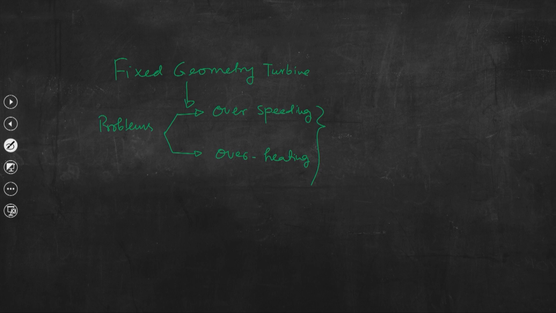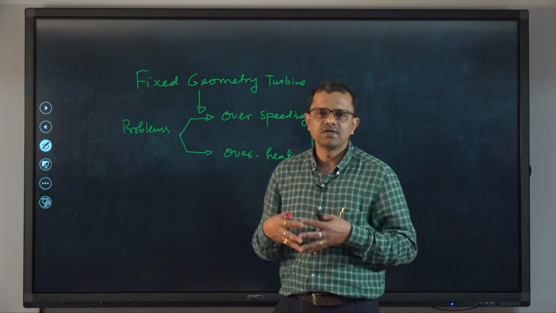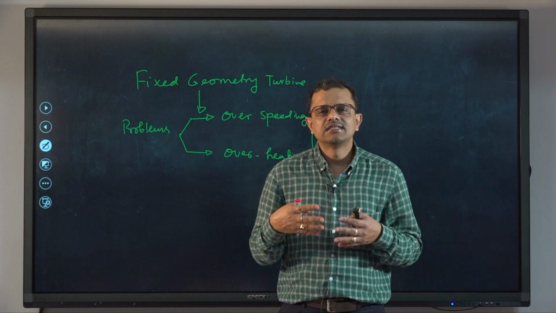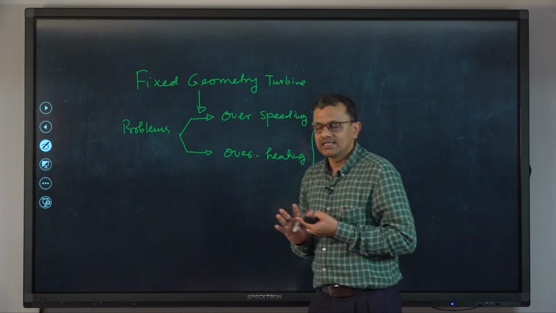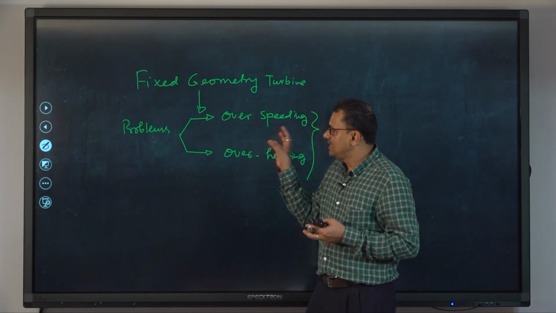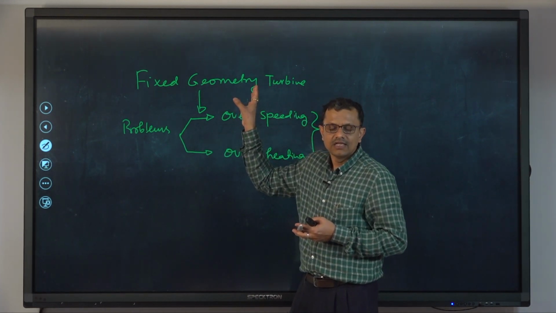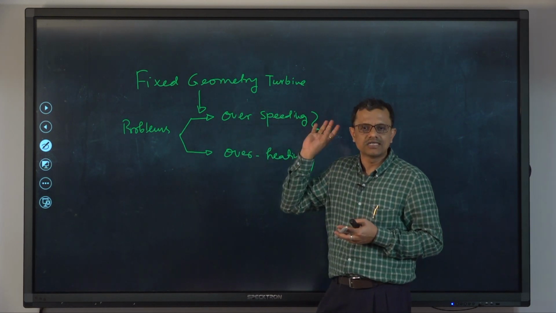And one possible avenue is to bypass a portion of the exhaust gases that is expelled from the engine cylinder. Knowing these two problems are inherent to this type of turbine, sometimes we may need to use a fixed geometry turbine in a turbocharging unit.